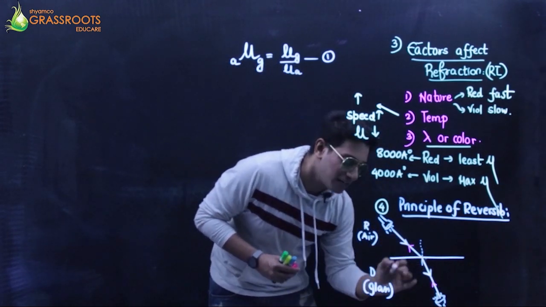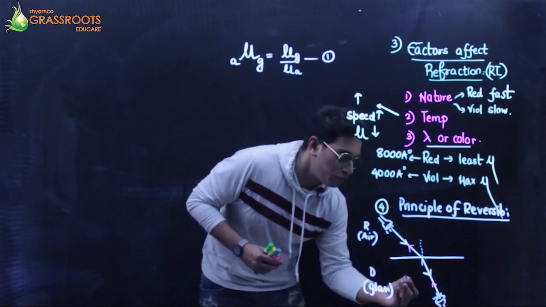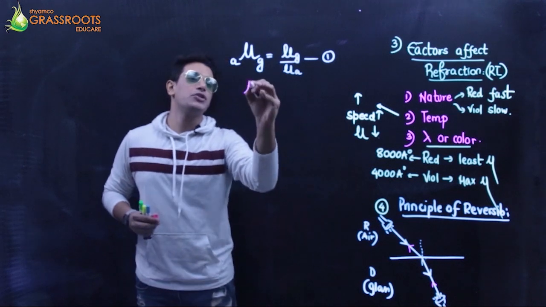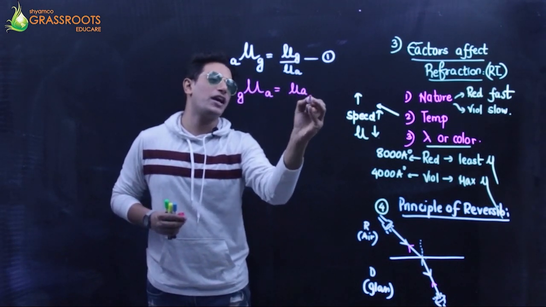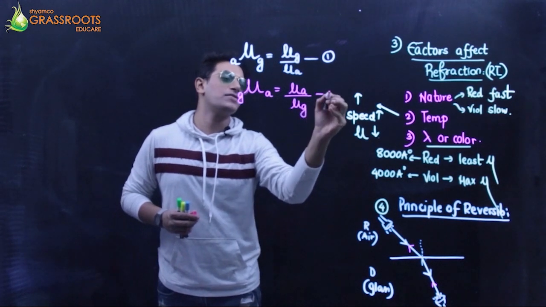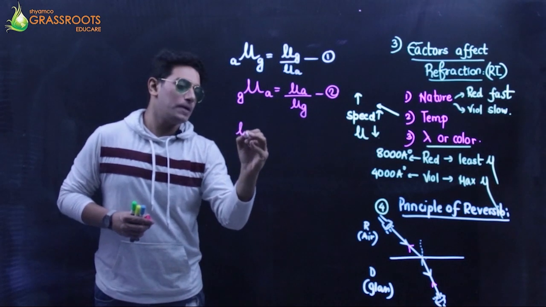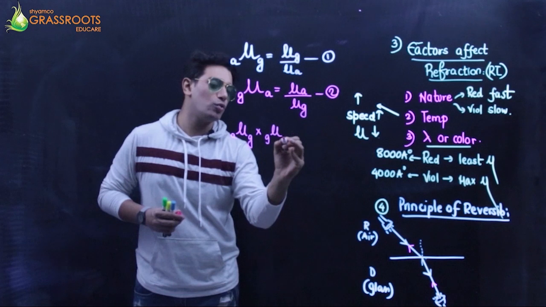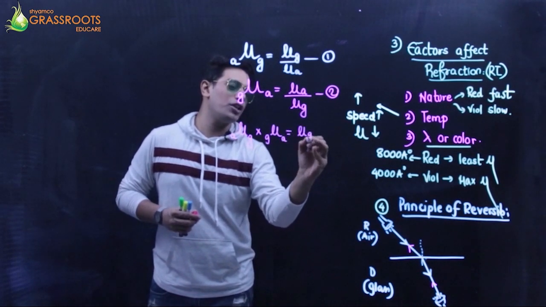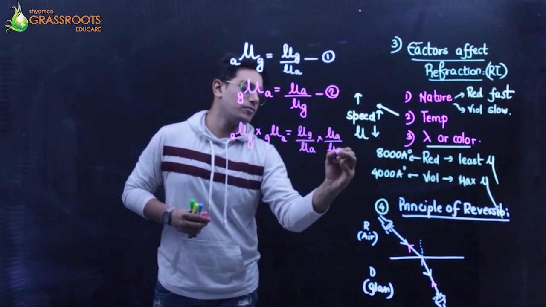Now, in the second condition, the ray of light is moving from a denser to rarer medium. So it is moving from glass to air, and the formula will be mu of air upon mu of glass. Equation 2. Multiply both of them. So mu air to glass multiplied by mu glass to air is mu g upon mu a into mu a upon mu g.